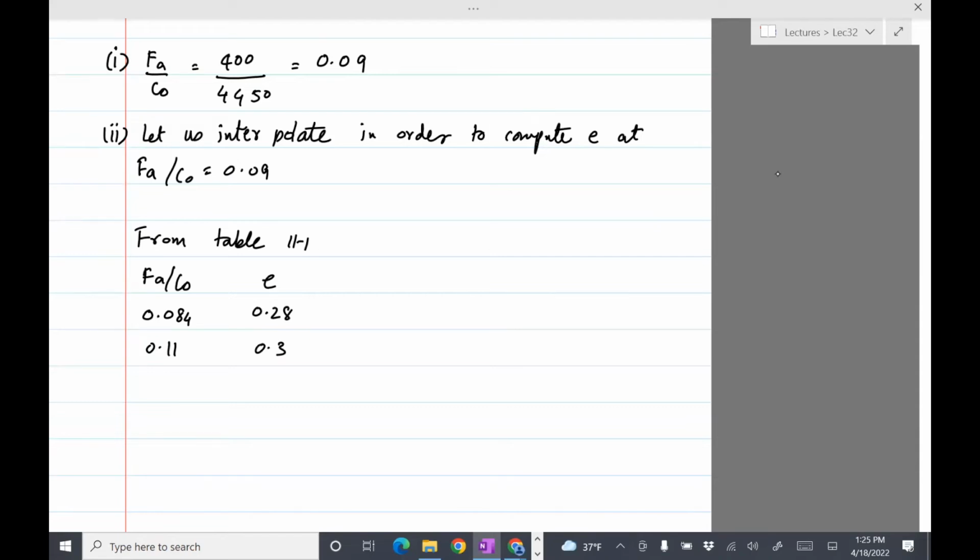Okay, so let's now interpolate. It's basically fitting a straight line between this point and this point.